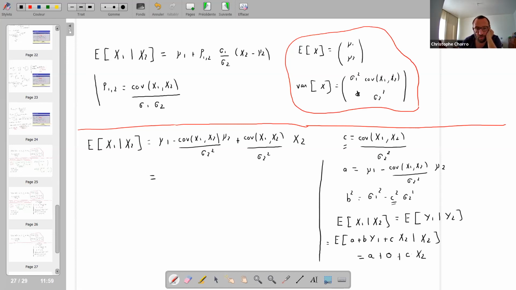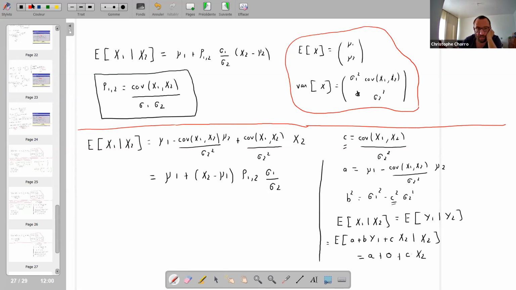If I define ρ1,2 as the covariance between x1, x2 over sigma 1 sigma 2, and I do this here, I will obtain exactly mu1 plus what? x2 minus mu2 multiplied by this term here, and covariance x1, x2 over sigma 2 square may be expressed using this one, and it is just ρ1,2 sigma 1 over sigma 2.